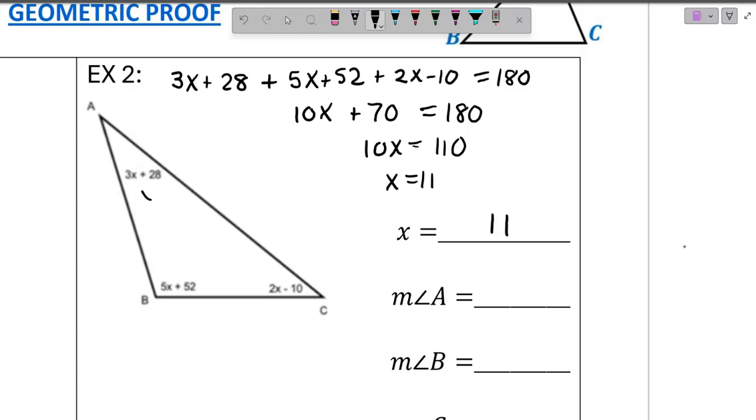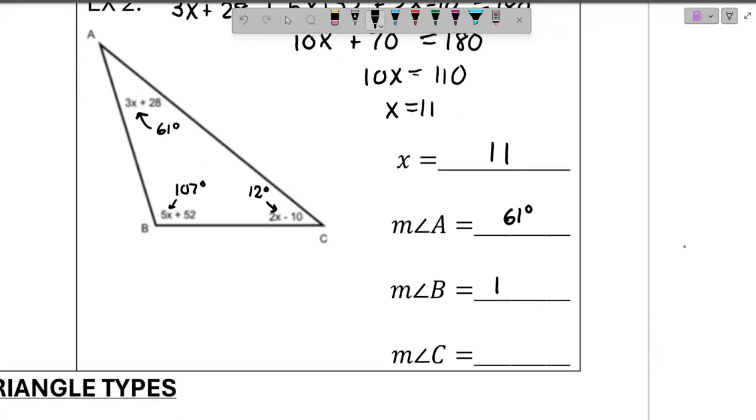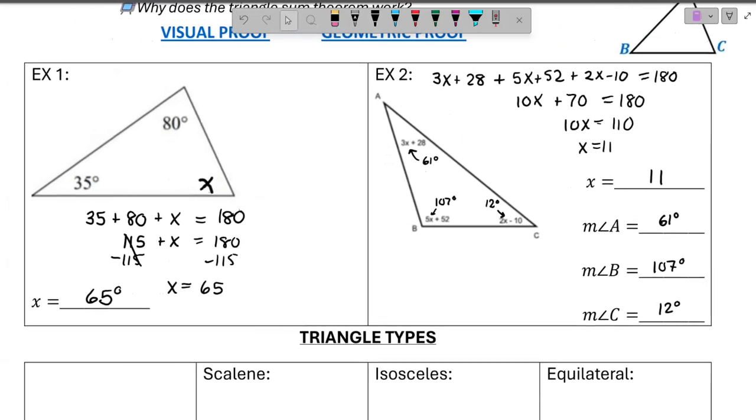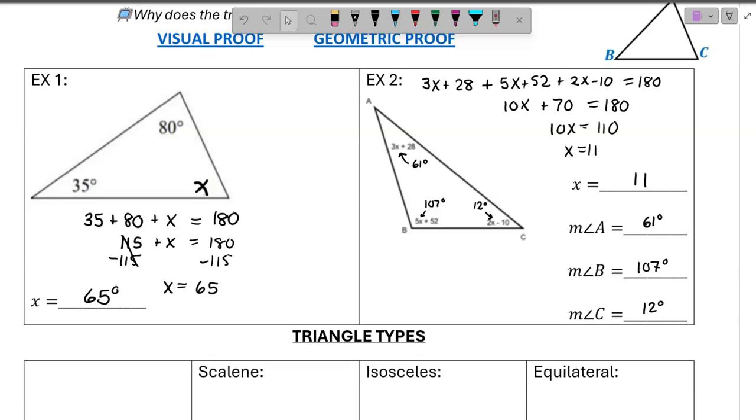Now we can plug this 11 in for each of these x values, and when we do that, we get 61 degrees, 107 degrees, and 12 degrees. So we can write those down, and one good way to check that we've done this correctly is to make sure that the triangle sum theorem does work out, meaning all three of those angles add up to 180 degrees. So that's part one.